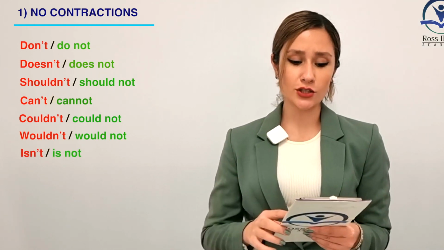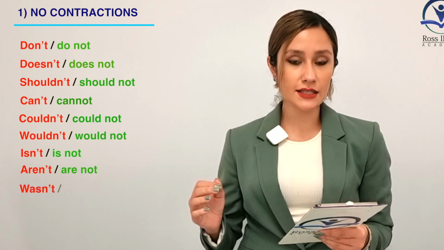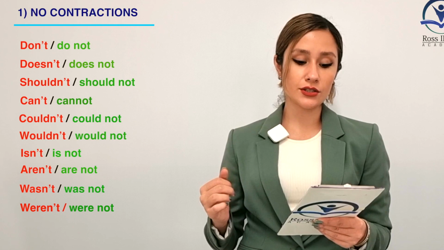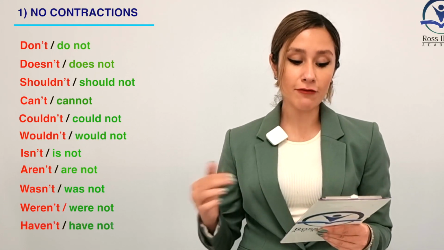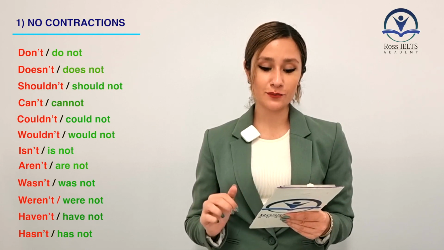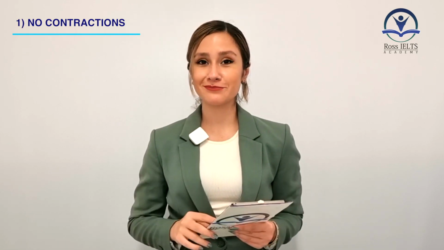Isn't, is not. Aren't, are not. Wasn't, was not. Weren't, were not. Haven't, have not. And hasn't, has not. So do not use the contractions and write out the word in full.